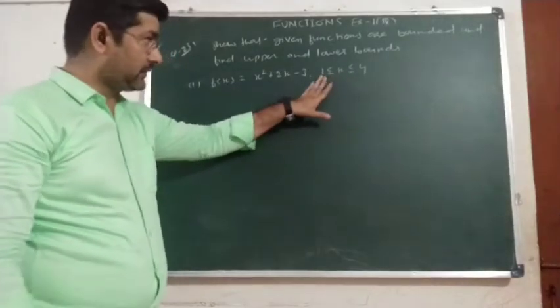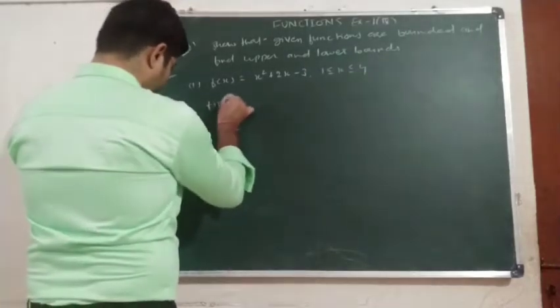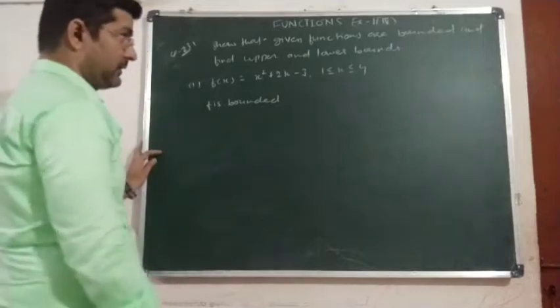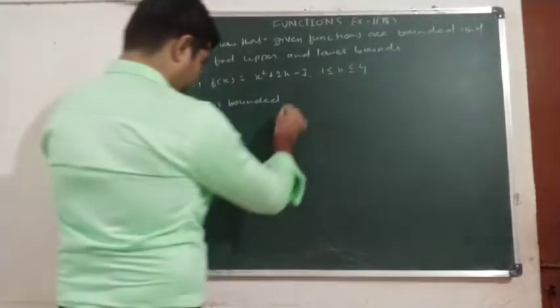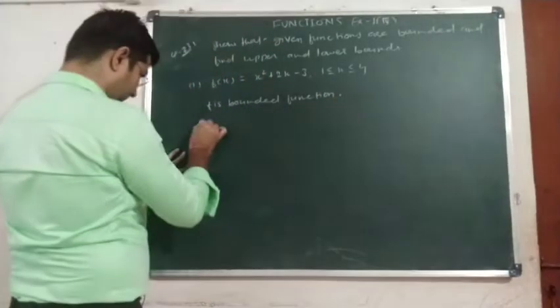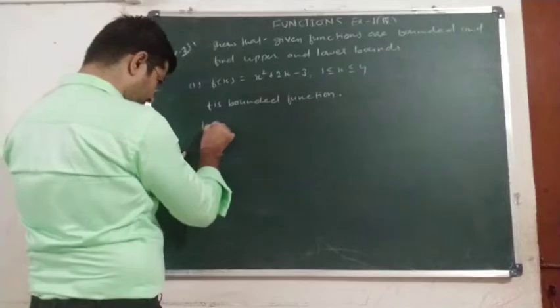Lower limit is 1 and upper limit is 4. So f is a bounded function. Okay, now let us find out f of 1, or directly we will write that this is lower bound.